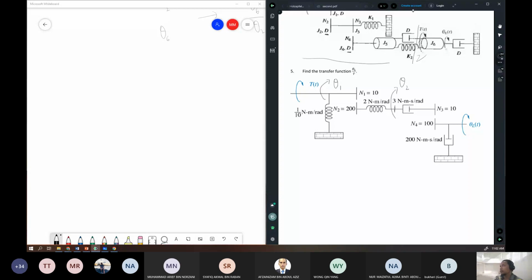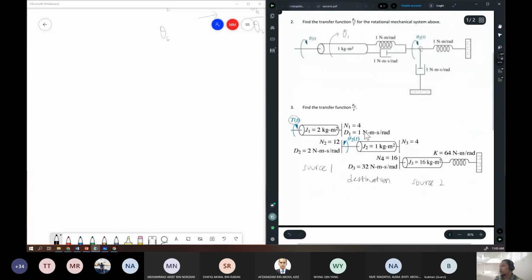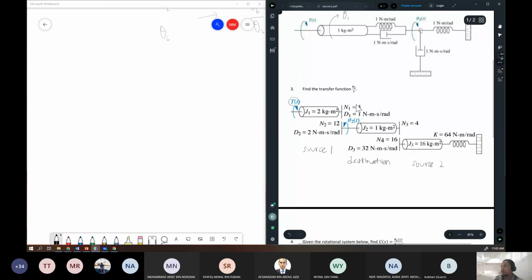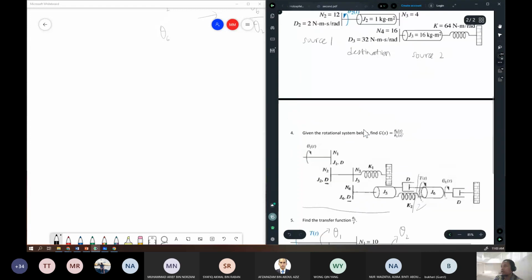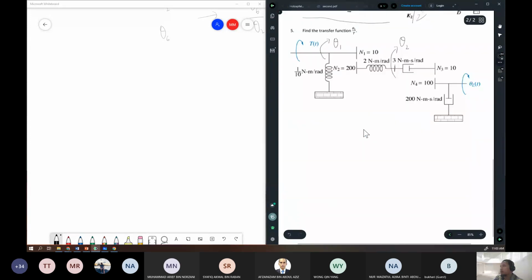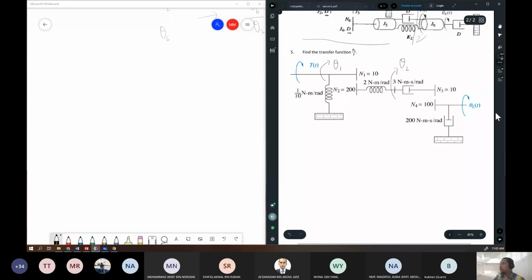If you refer to this tutorial, question number 3, usually we decide the destination based on the question, theta 2. But in this tutorial, theta L is here. So if you choose theta L as the destination, then you have to transfer so many things.